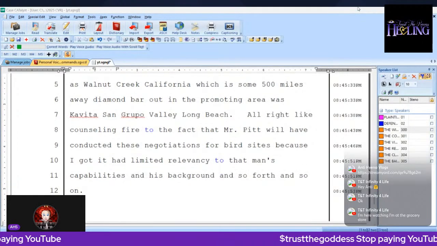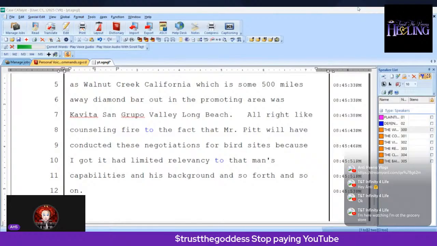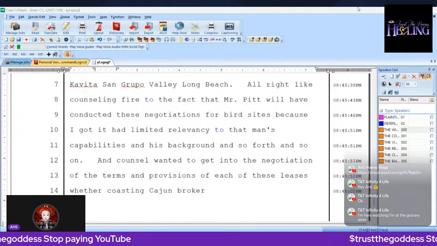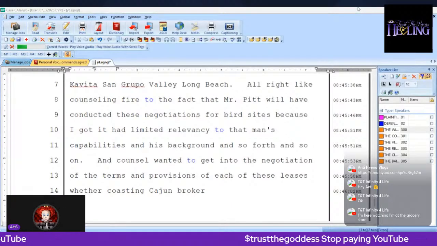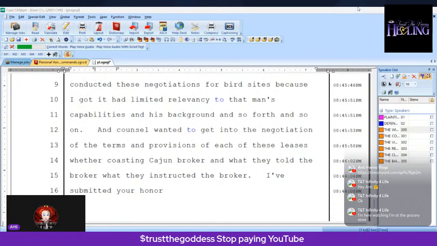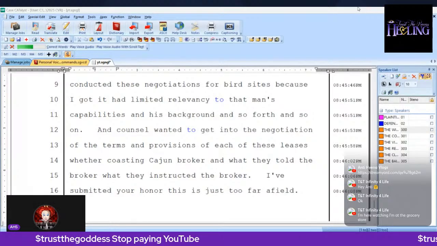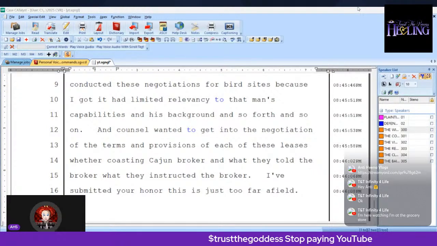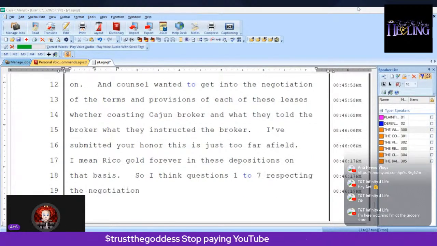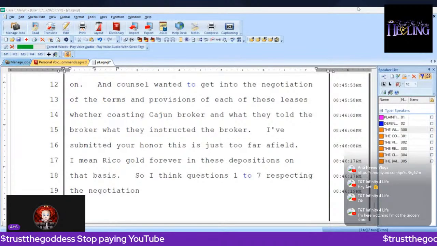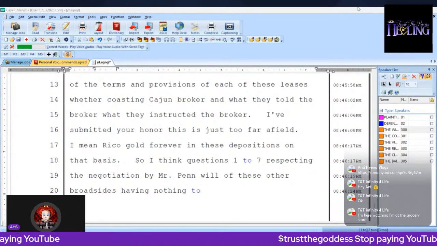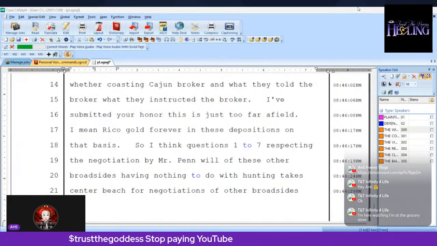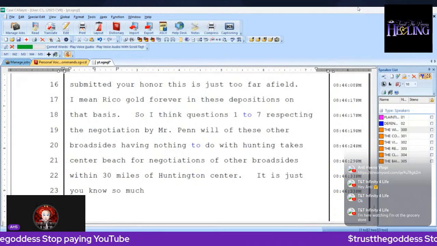Then counsel wanted to get into the negotiation of the terms and provisions of each of these leases, whether Coast engaged a broker and what they told the broker and what they instructed the broker. I submit, Your Honor, this is just too far afield. I mean, we could go on forever in these depositions on that basis. So I think questions 1 to 7 respecting the negotiation by Mr. Penwell of these other branch sites having nothing to do with Huntington Center or Huntington Beach were negotiations of other branch sites within 30 miles of Huntington Center. It is just so much absurdity in context of this particular suit.